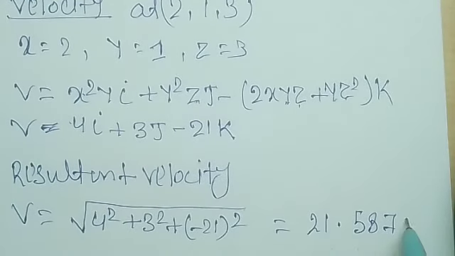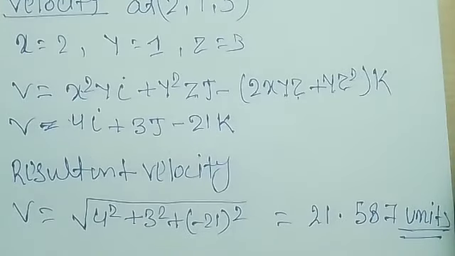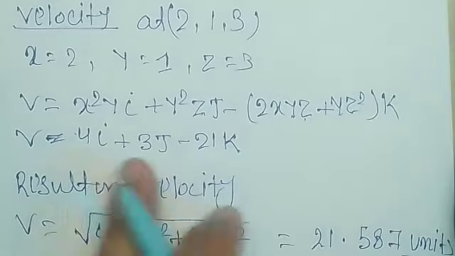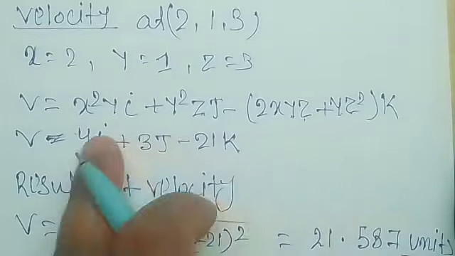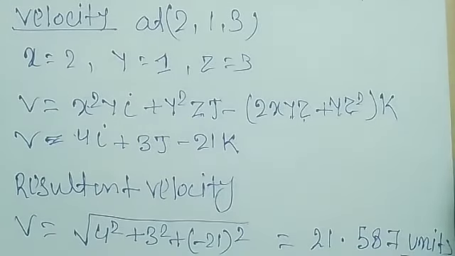Whatever the unit is, it is not mentioned, meter per second or something like that. So this is how you have to do it. You just substitute the x, y, z values and you will get this. Now you have to find the acceleration at (2, 1, 3), right?